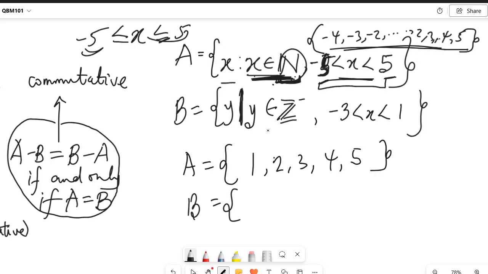So now we have y being an element of negative integers. Like we did here, you list these. This means -3, -2. Oops, am I supposed to put -3? No, because this is an open interval. So -2, -1, 0 and 1.